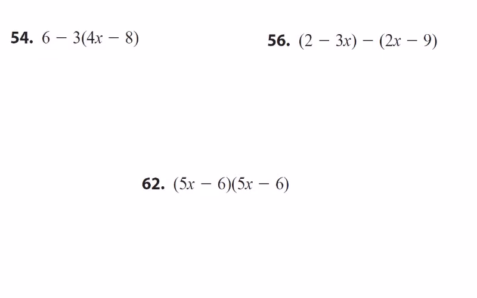Okay, so 54 is tricky too, because we might want to think, oh, well, the 6 and the negative 3 are in parentheses, so we should distribute the 6 and the negative 3. But the 6 is not in parentheses, so that's on its own, and we just distribute the negative 3, and then we can combine like terms.